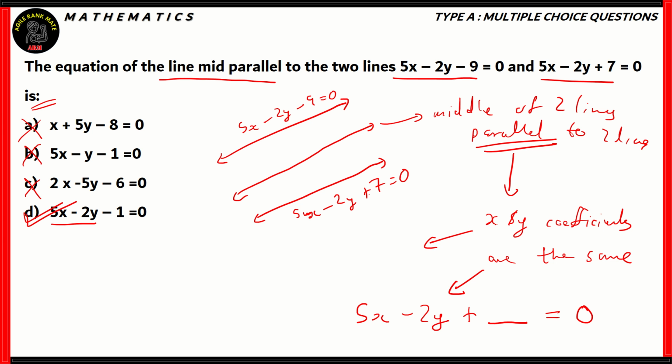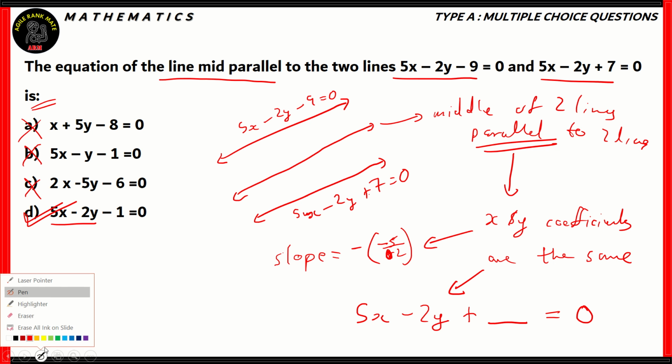Now, why do we say that x and y coefficients have to be the same? Because the slope of this line is negative of a by b, where a is the x coefficient and b is the y coefficient. Now I seem to have made some mistake here. Let's just correct that.